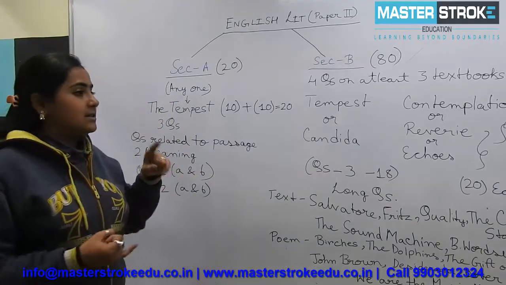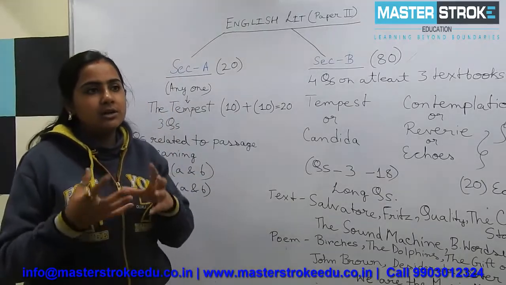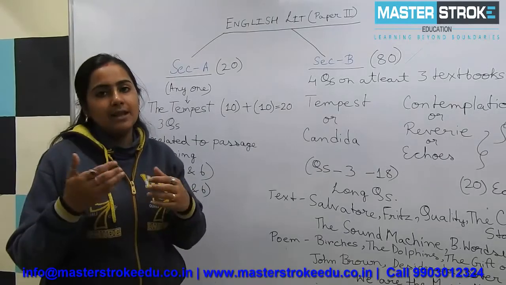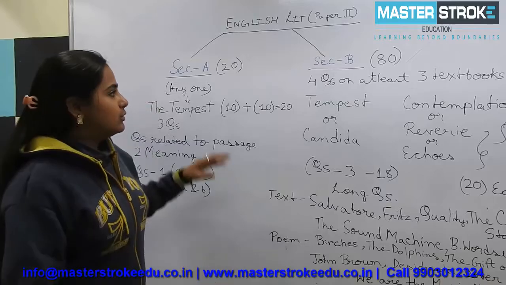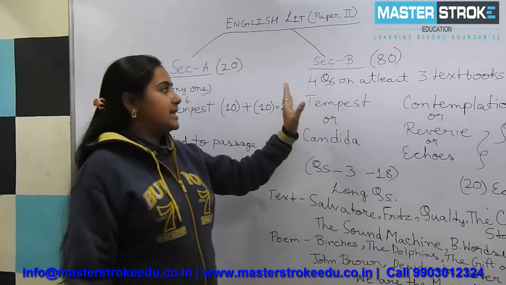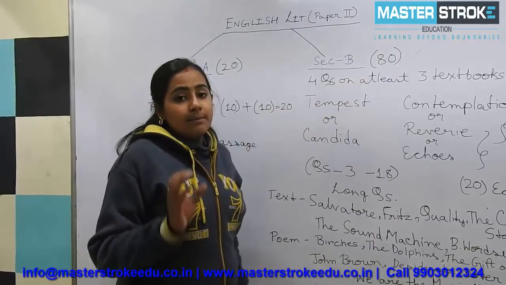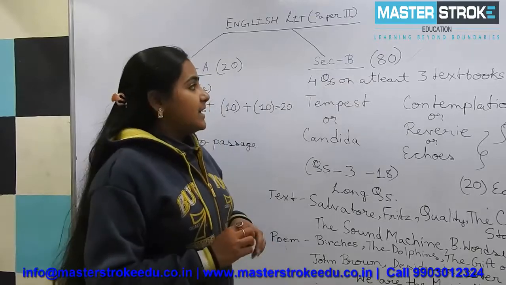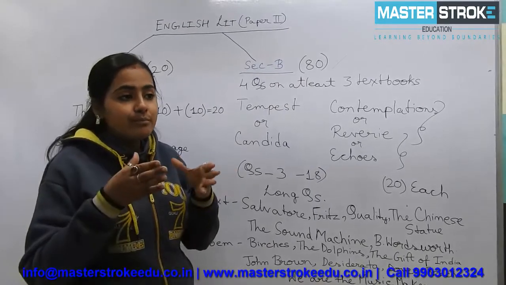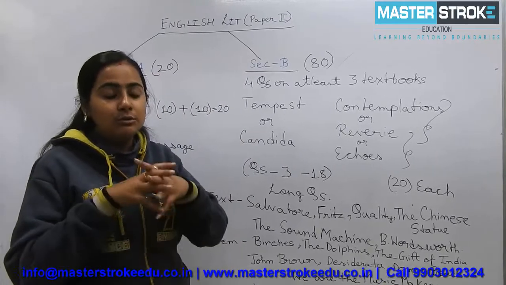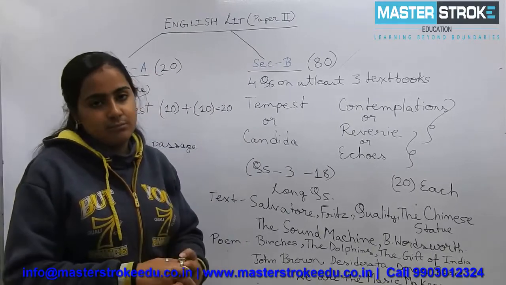You have to keep the tense proper and explain the extract properly. That's it. Now we will move on to Section B, which carries more marks. We also have to look at the time, which is very important.